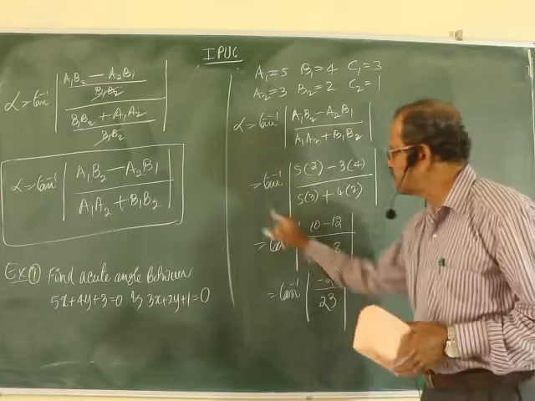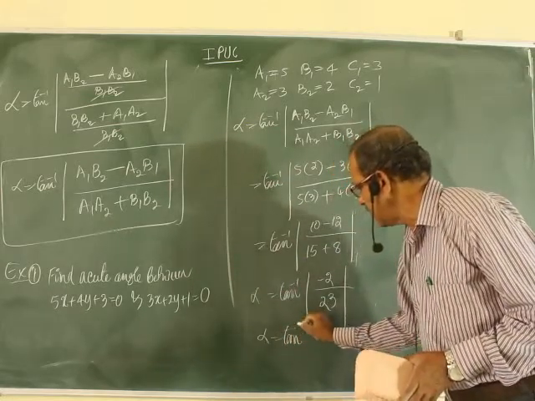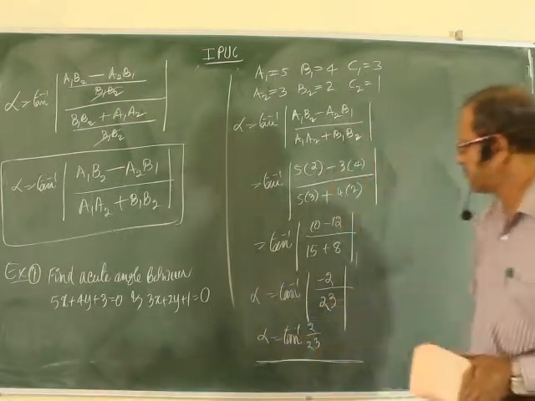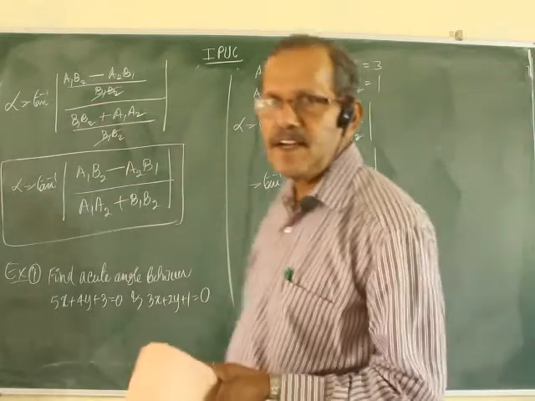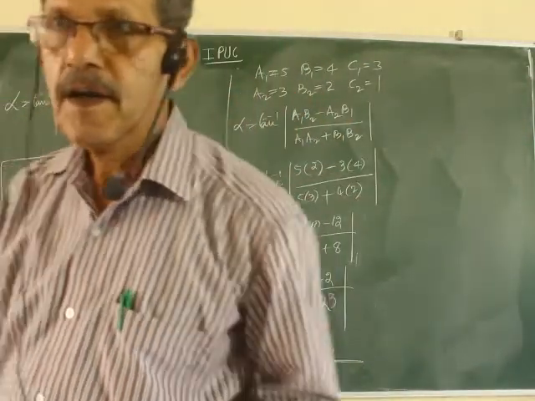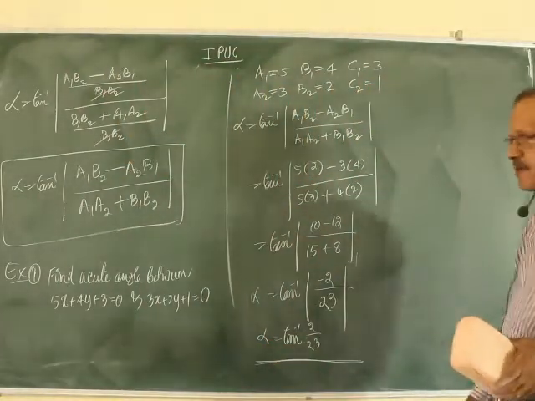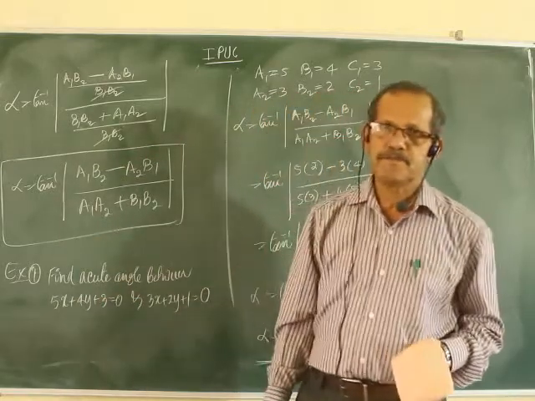But it is always an acute angle, positive, so you need not write the negative sign at all. Tan inverse of 2 by 23. See, there are two formulas. If you know m1 and m2, you can use that formula. If you know a, b, c, you can use this formula.